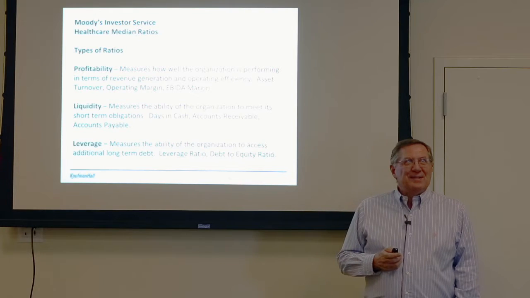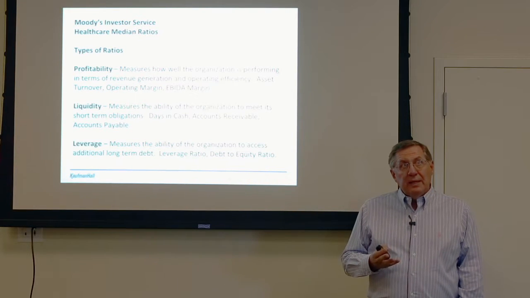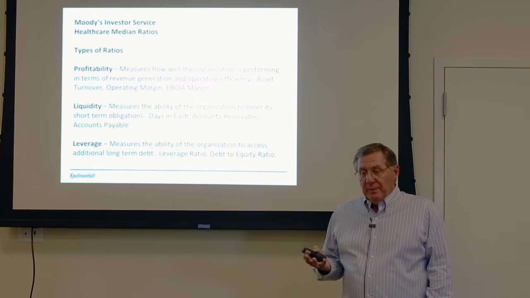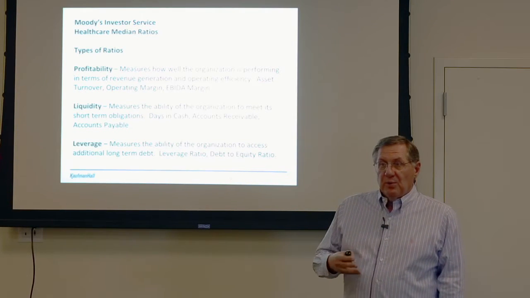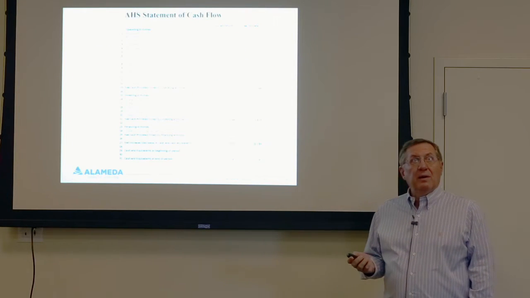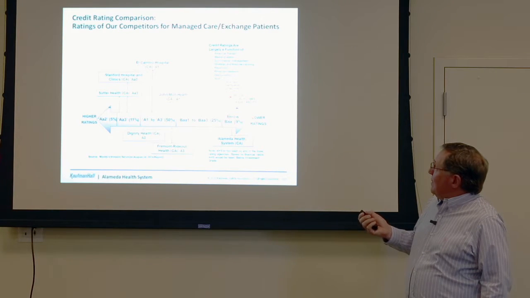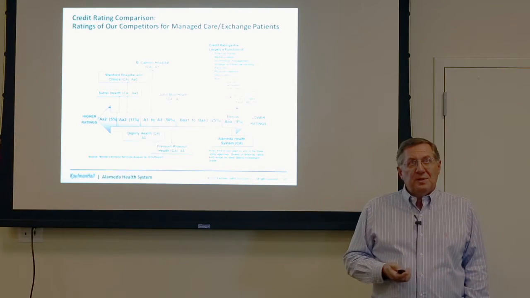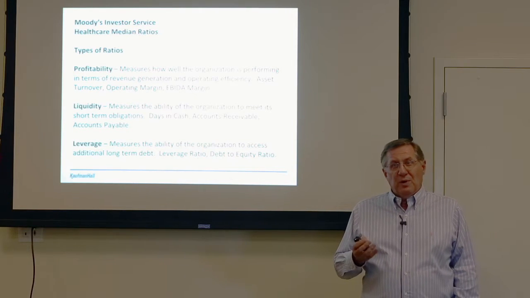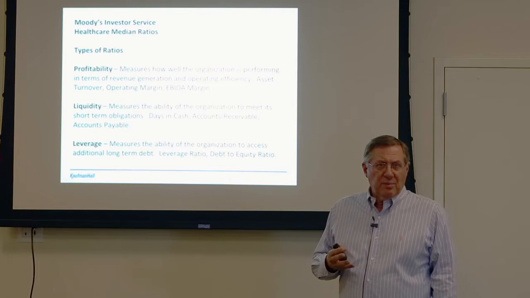So that's credit ratings. Now, in determining credit ratings, they go through what's called a ratio analysis. So back on this one up here, financial trends, positions, payer mix, all this, they look at financial ratios. I'm just trying to make sure that in this part you understand where these ratios come from and how they might be used.